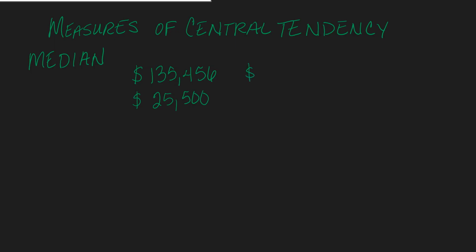The third is $54,365. Then we have $32,456, and finally $37,668. Okay, so the first thing we need to do is put these in order.